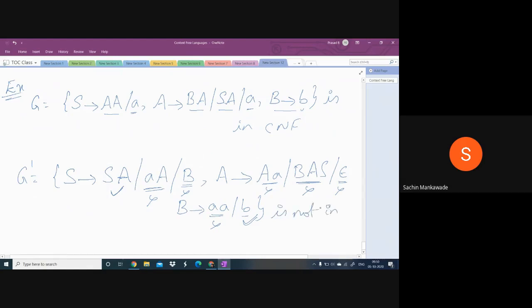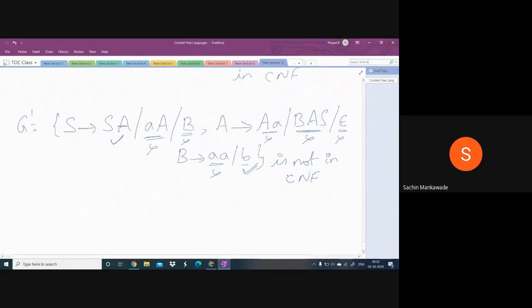Only if every production is either A to BC or A to a do we say it is in CNF. For example, there are 100 productions. Out of 100, 99 productions are either A to BC or A to a, but only one production is not in the required form. Then the grammar is not in CNF. Not in CNF.